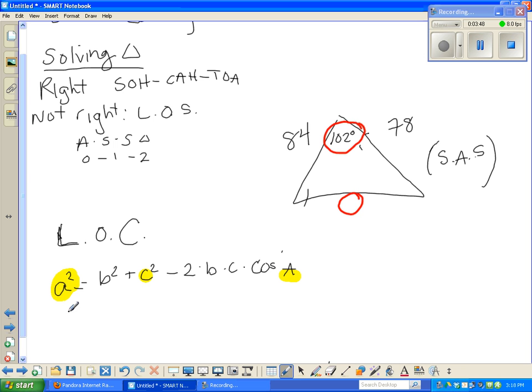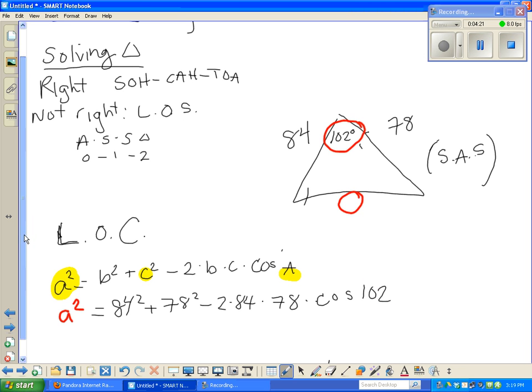So a squared, I can just continue to call it a squared, equals b squared, doesn't matter which one we choose next, so I have 84 squared plus 78 squared minus 2 times 84 times 78 times cosine of 102.